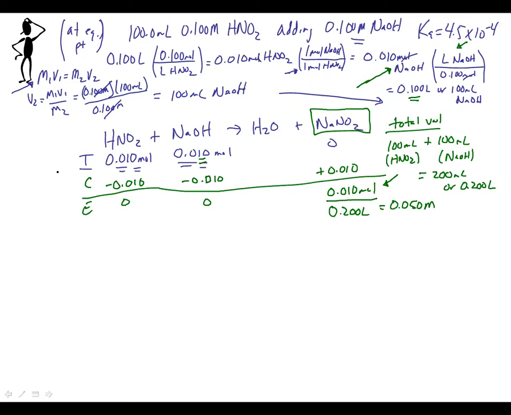So knowing that it should go through hydrolysis and knowing that it should be basic, we should know that this salt will break apart into sodium ion and the nitrite ion. Knowing that sodium is group 1, it will not go through hydrolysis, but this one obviously came from our weak acid, which means it is going to go through hydrolysis.